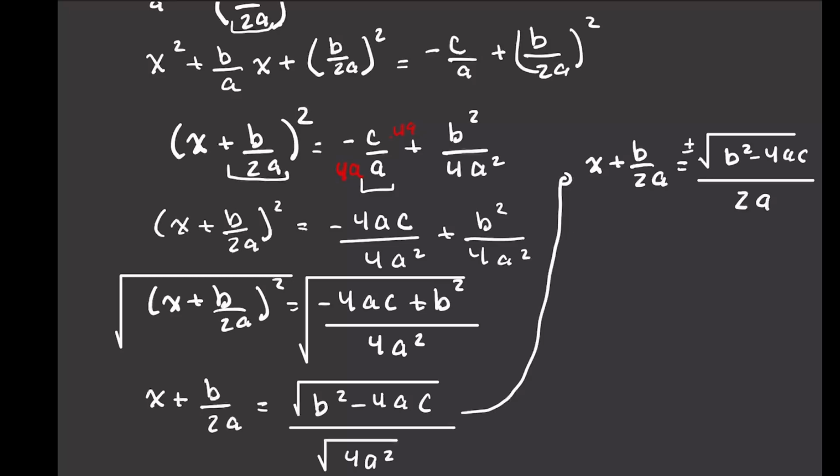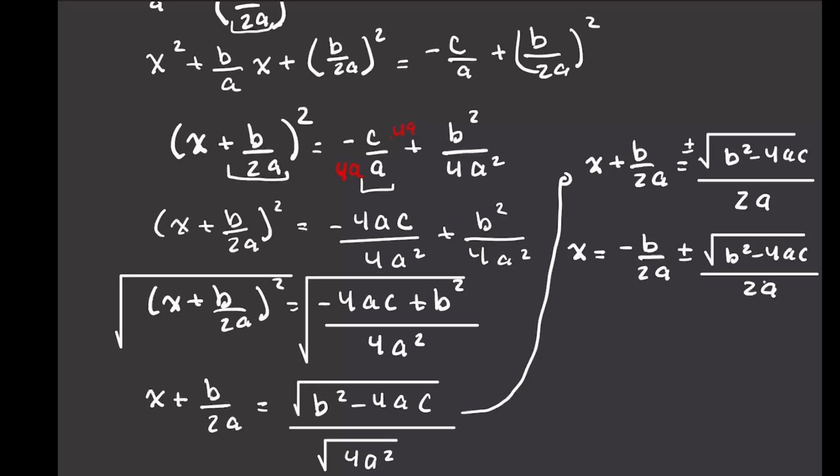So now here my next step is I am gonna subtract b over 2a from both sides. So that gives me x is equal to negative b over 2a plus or minus the square root of b squared minus 4ac all over 2a.